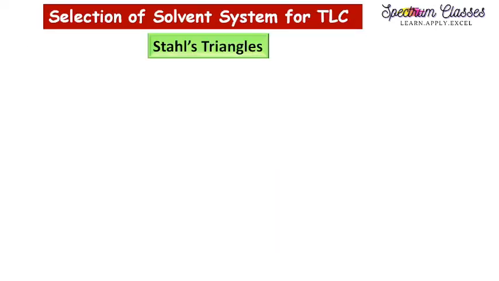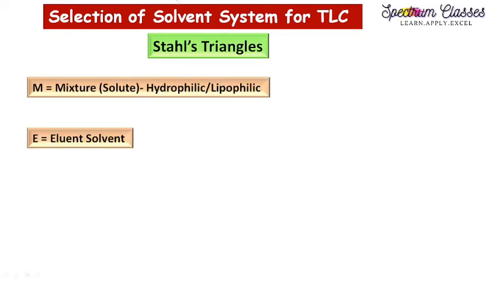Now coming to the selection of the solvent system, which is very important. Here we are using Stahl's triangle for this. Here M is the mixture, or we can say solute. First, we must know the nature of the mixture, whether it is hydrophilic or lipophilic. Hydrophilic means water soluble, and lipophilic means soluble in organics.